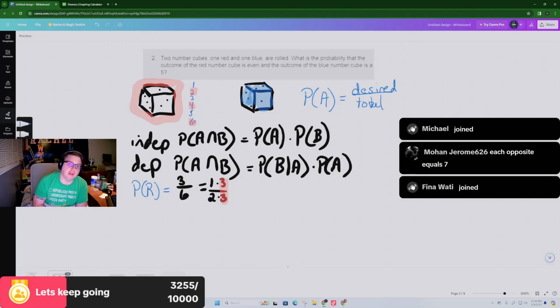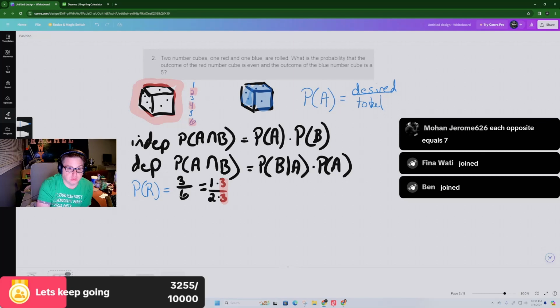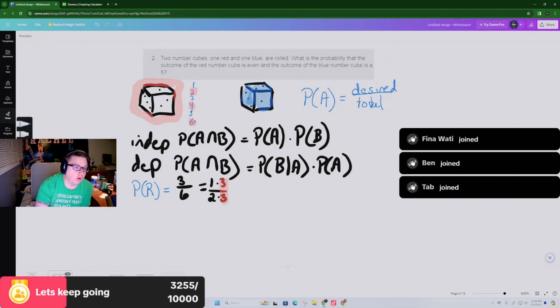So that 1 really doesn't affect our problem. It affects the way it looks, because 3 over 6 definitely looks different than 1 over 2. But when you simplify it, it's like cutting a pizza. I could cut it into halves, or I could cut those halves into halves and make 3/6 out of it. So it just depends on how you look at these.